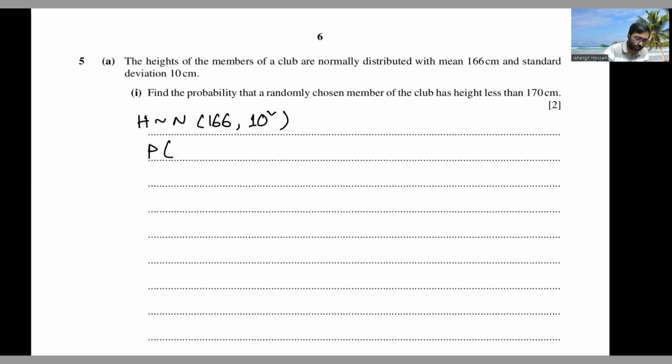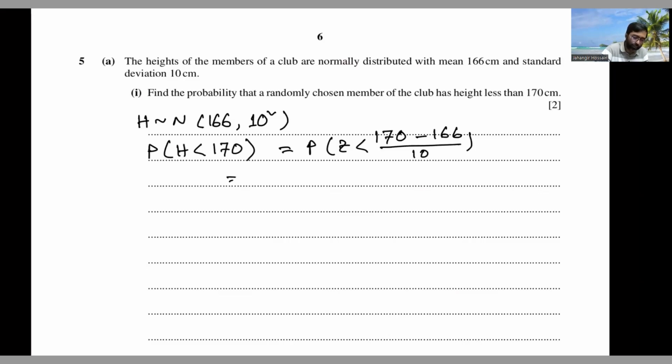Now we want to find the probability that the randomly selected member has a height less than 170 centimeters. So this is a normal distribution probability. Convert h into z. Remember the conversion? h minus mean divided by standard deviation.